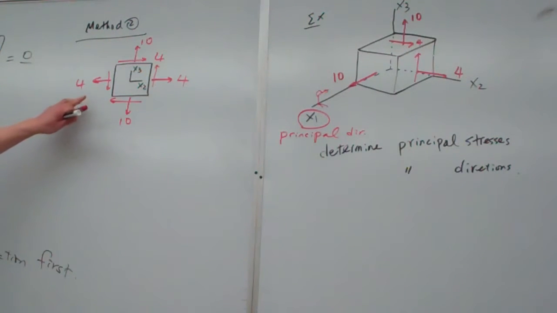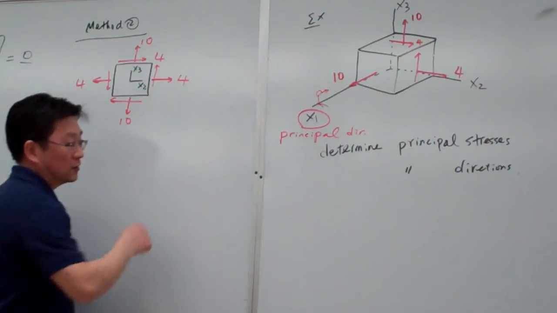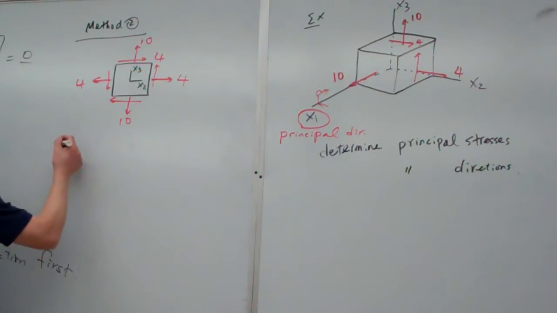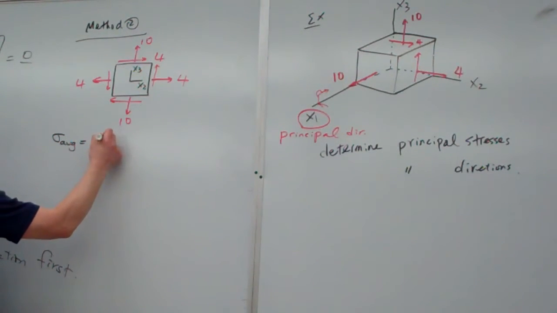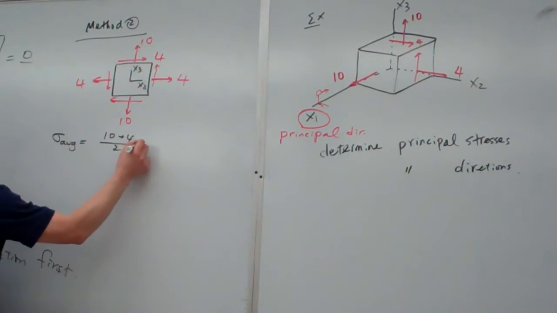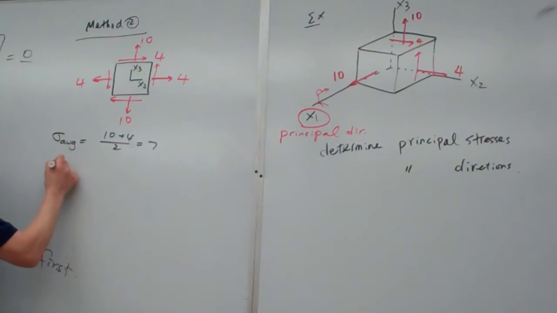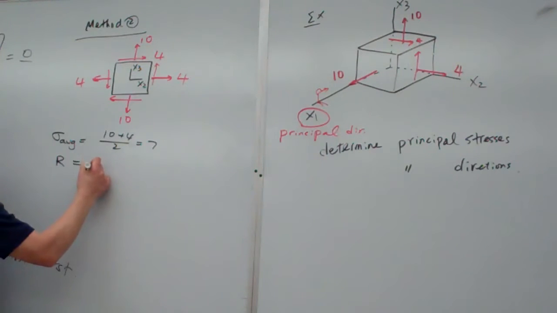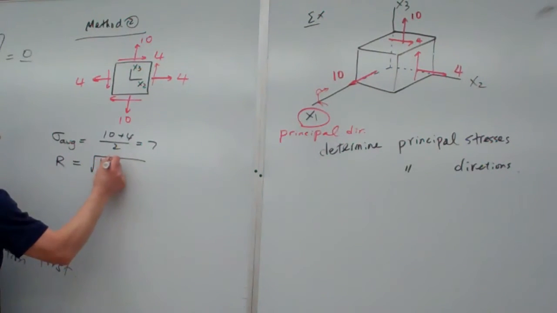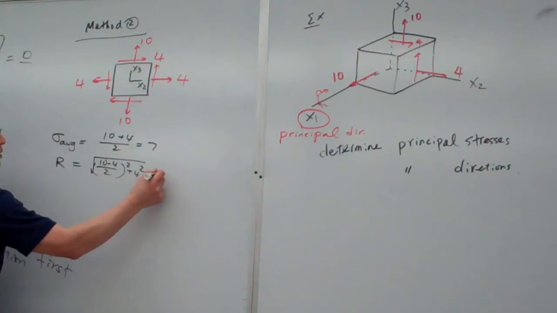So now for this one, you can see this is a typical Mohr circle, but what it is representing is the projected information. So we draw this one quickly here. For this one, we can see the center is at 10 plus 4 divided by 2, which is 7. And the radius is equal to the square root of the quantity 10 minus 4 over 2, squared, plus 4 squared, which equals 5.